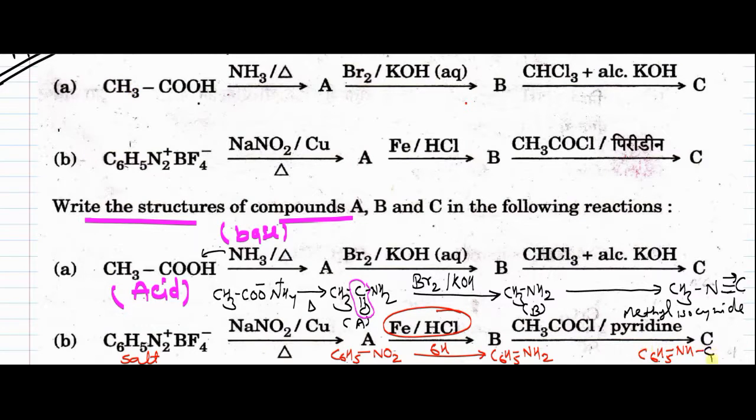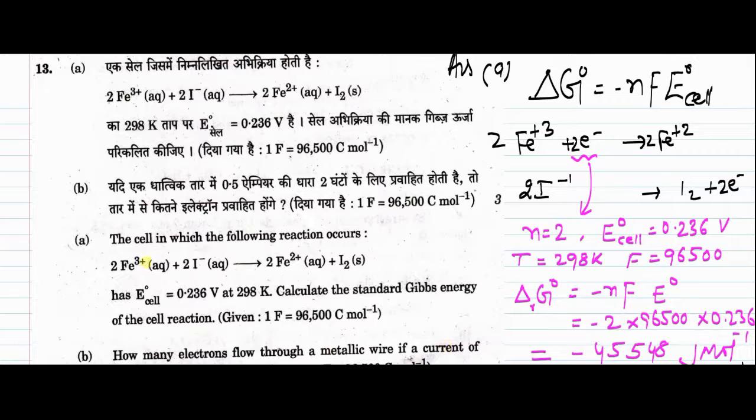The cell in which the following reaction occurs: delta G naught is equal to minus nF E naught cell.